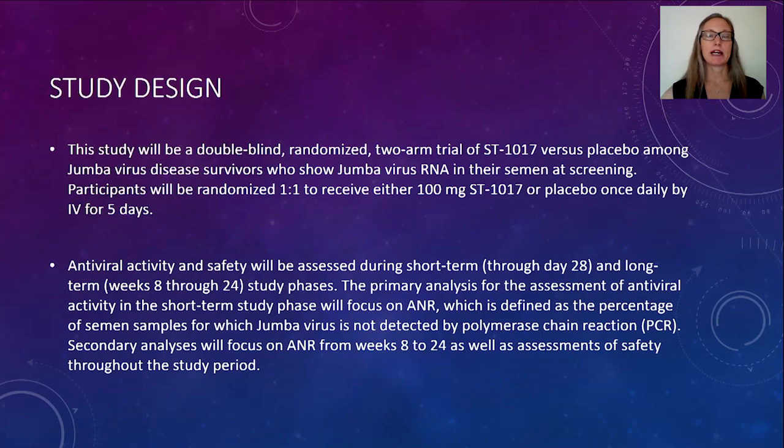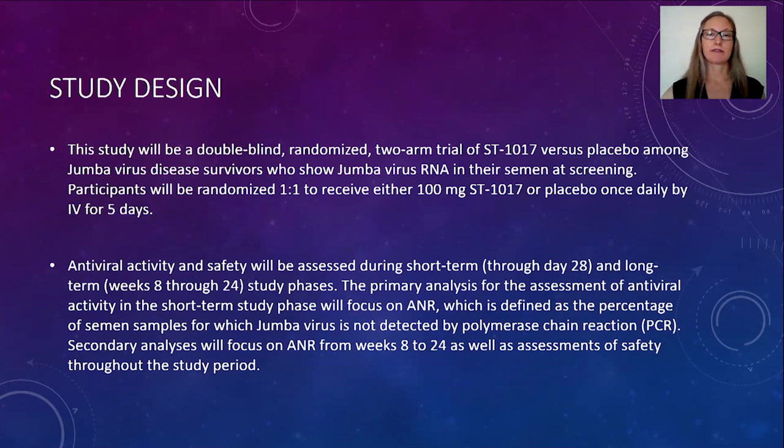The study has been designed as a double-blind, randomized, two-arm trial of ST-1017 versus placebo among Jumba virus disease survivors who showed Jumba virus RNA in their semen at screening. Participants will be randomized 1-to-1 to receive either ST-1017 or placebo once daily for 5 days.